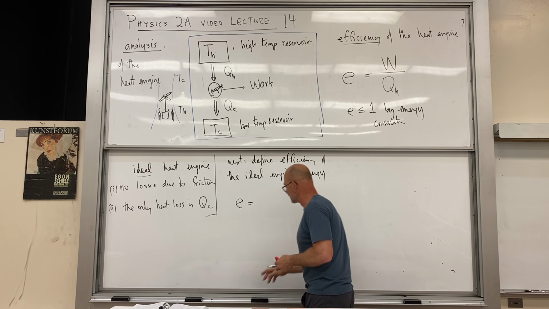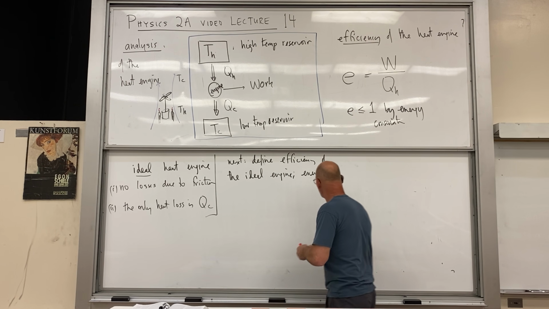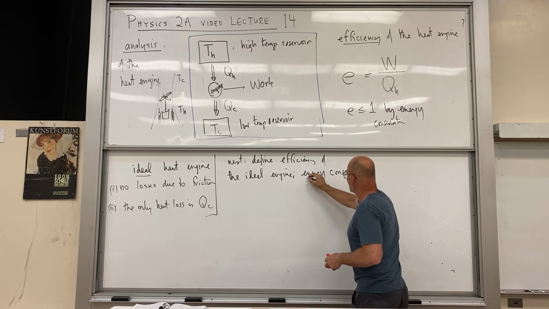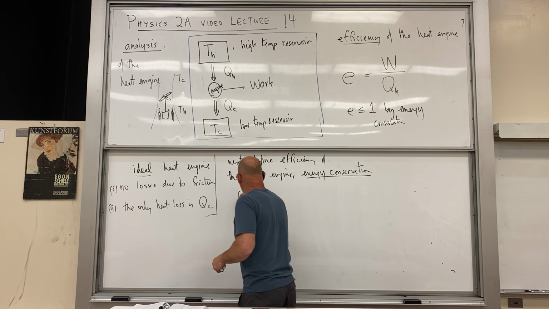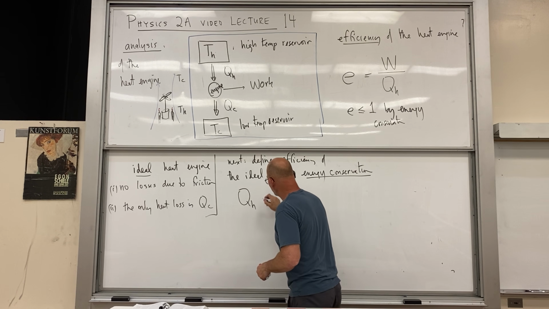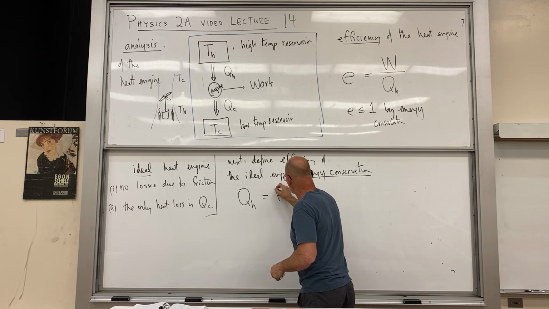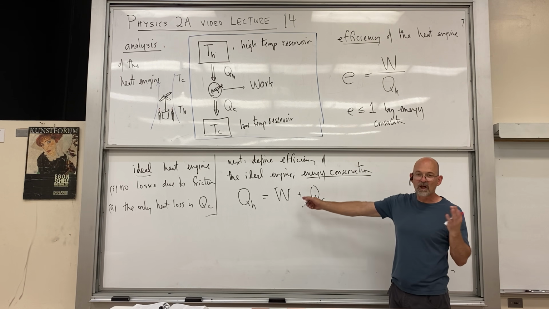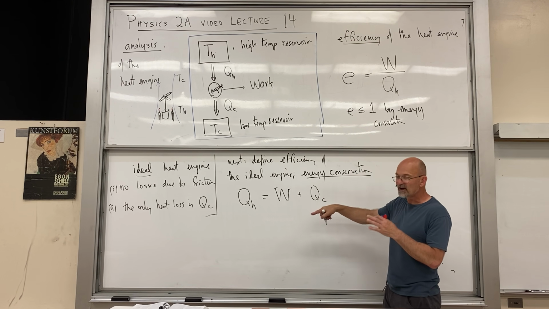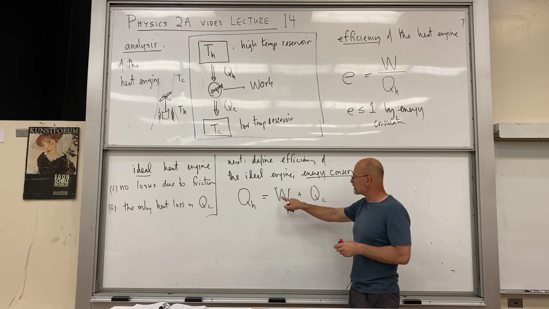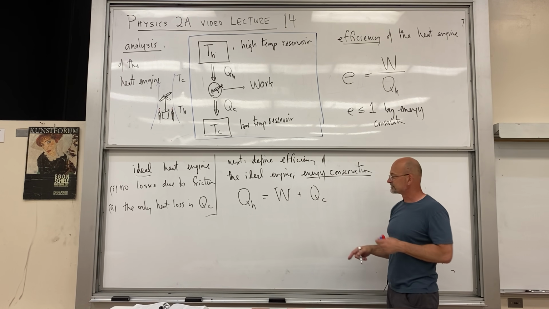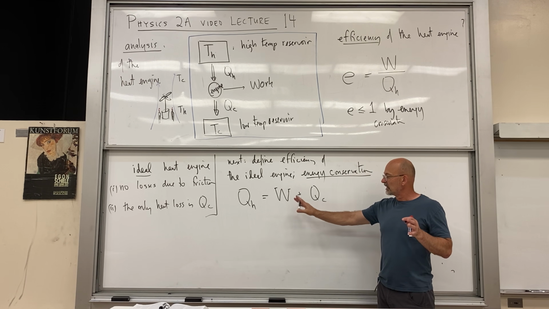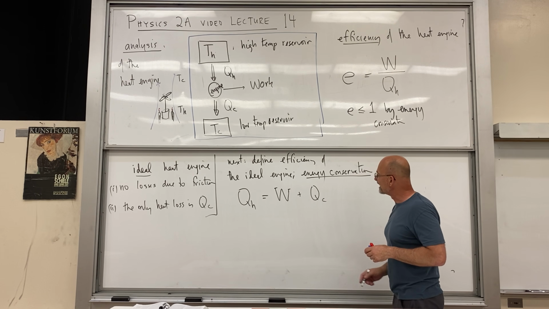So what does energy conservation tell us? Energy conservation tells us that the energy in is equal to the work plus the QC, the energy out. There are no losses anywhere else. There isn't a Q of friction or a Q of this or a Q of that. It's either pure work or pure exhaust. So that is the law of energy conservation as applied to an ideal heat engine.